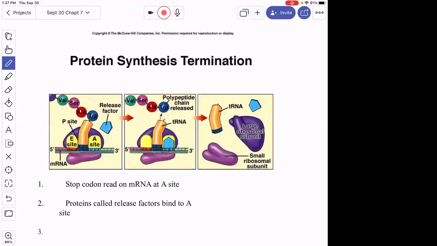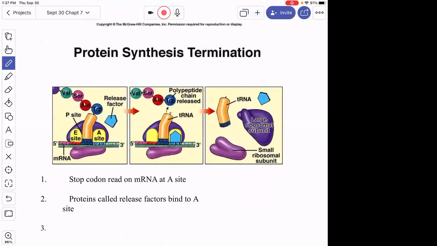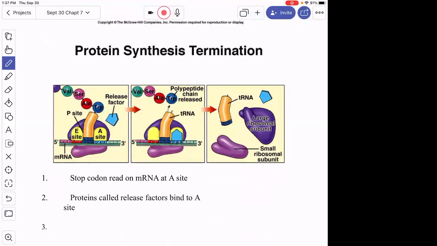All right, so how does translation end? I didn't really like the little graphic that your book had. There was a minor error in it. I can't remember exactly what that was now, so I pulled in a graphic from a different site.